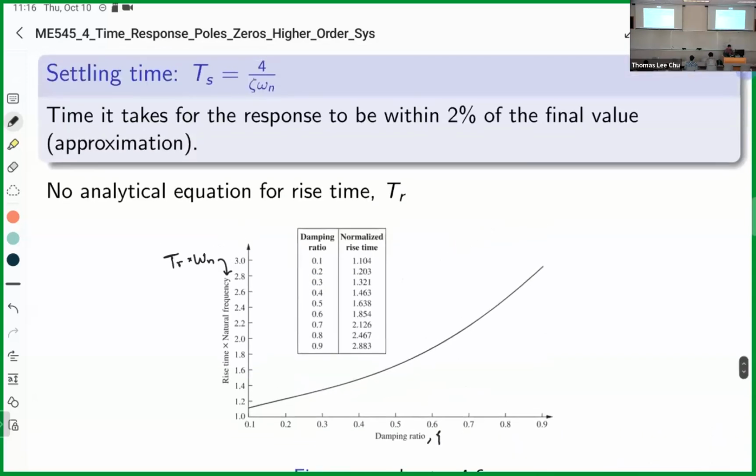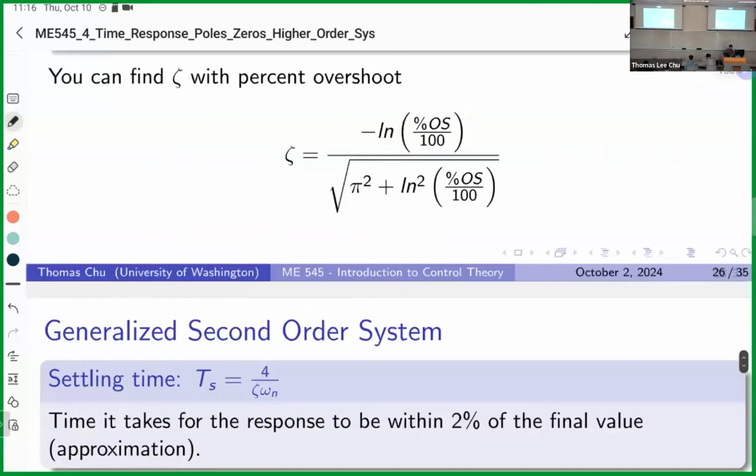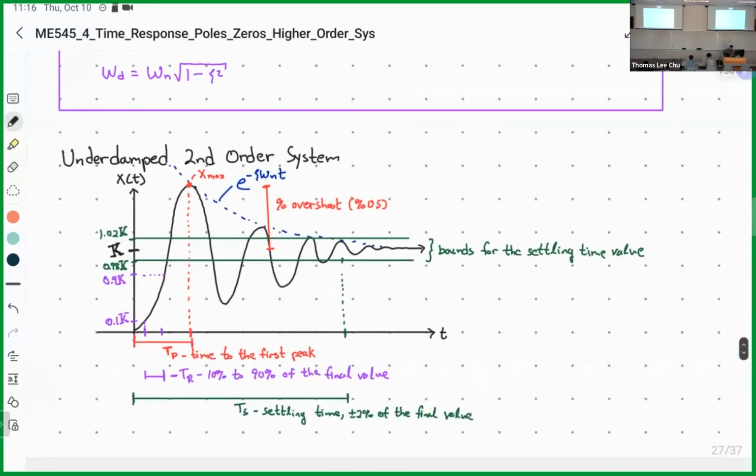Now, one last thing about the second order system. I'm going to go back to the previous page. When we look at this, our second order system has two poles.